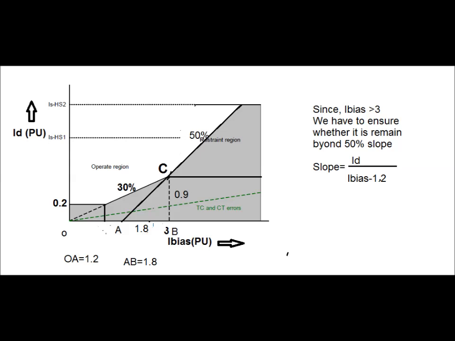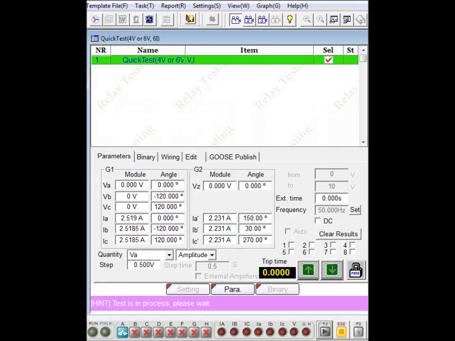Therefore for the 50% region, for a given value of I bias, ID by I bias minus 1.2 must be greater than 0.5 for the relay to operate, otherwise it will remain in the restraining region. From the set we have given the secondary current for HV as 2.519 ampere, and for LV we have given 2.231 ampere, which is equivalent to a primary current for the HV side of 756 ampere, and for the LV side 2231 ampere.